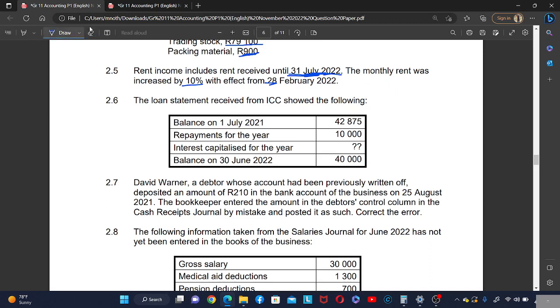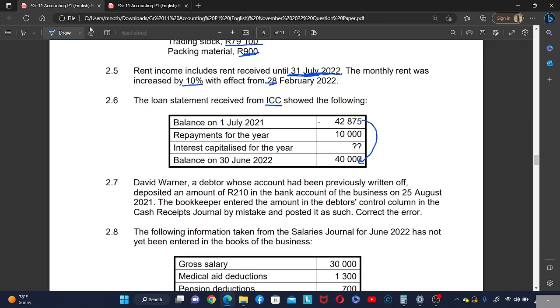Okay, then 2.6. The loan statement received from IECC showed the following. The balance on 1 July 2021 was 42,000.